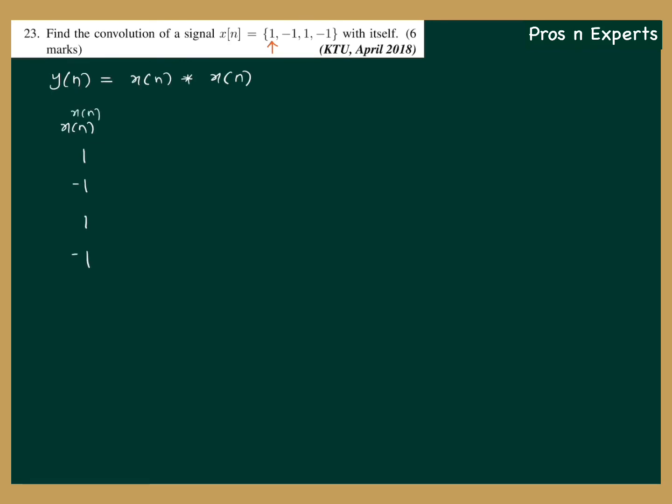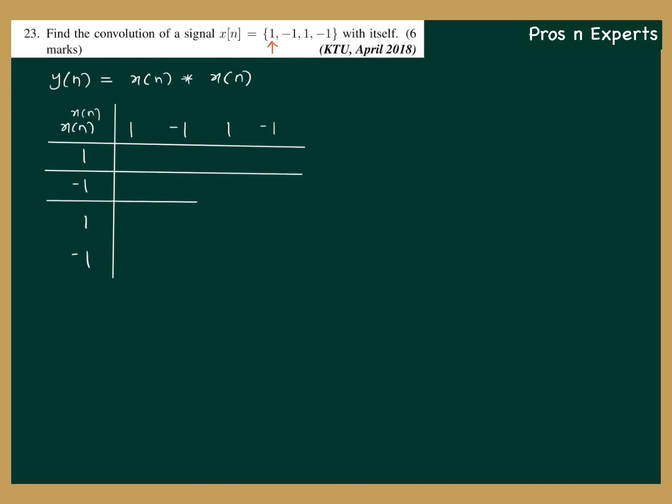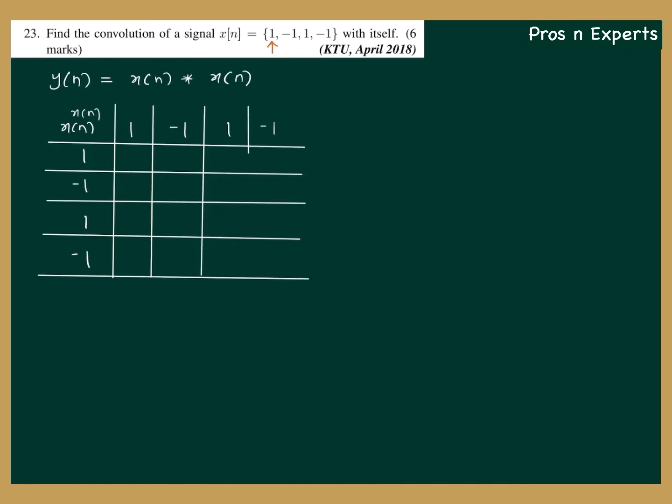Again x of n, the sample values are 1, minus 1, 1, minus 1. Now we make it columns. This is the tabular method. You tabulate this as a tabular column.